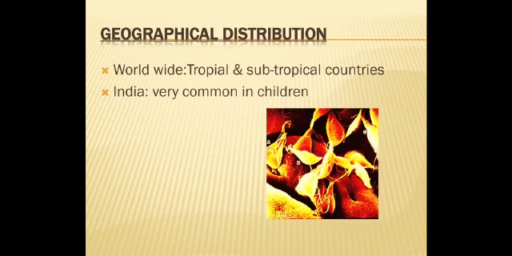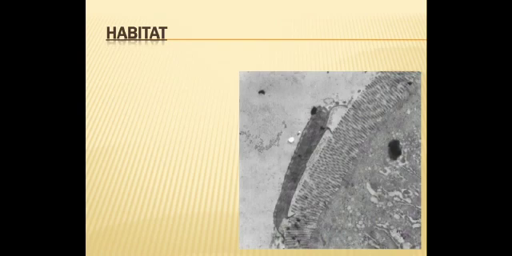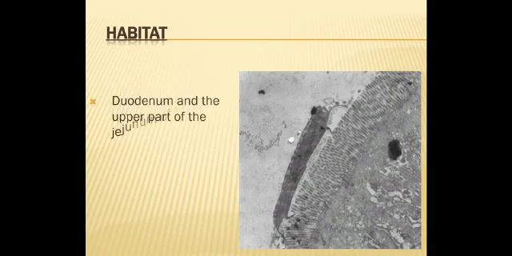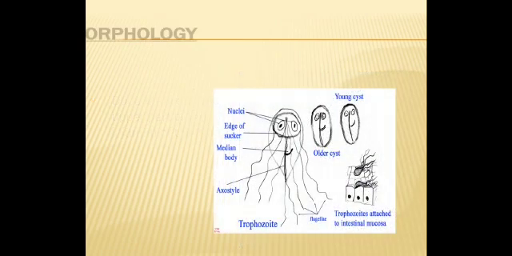This Giardia is very common in all the tropical countries. Its habitat is the duodenum and upper part of the jejunum, and it remains attached to the duodenal villi.